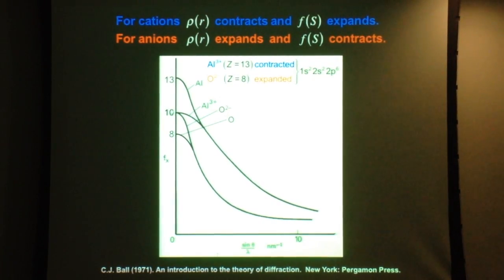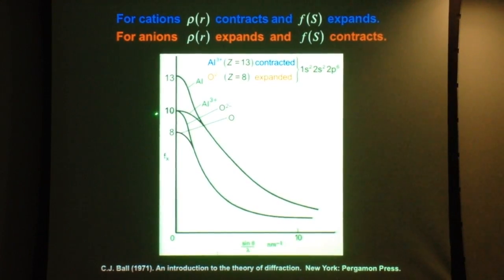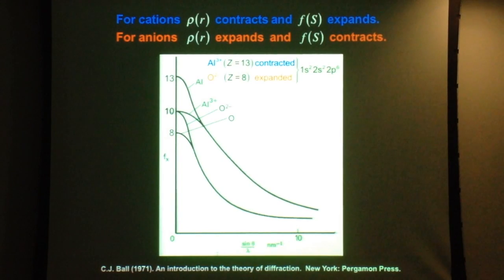So it becomes a 10 electron ion. And the oxygen atom here, with atomic number 8, likes to have 2 additional electrons to achieve this neon electron configuration. So what happens is when you give away electrons, the scattering factor falls from 13 to 10 in this case. When you gain electrons, the scattering factor value increases, in this case from 8 to 10.